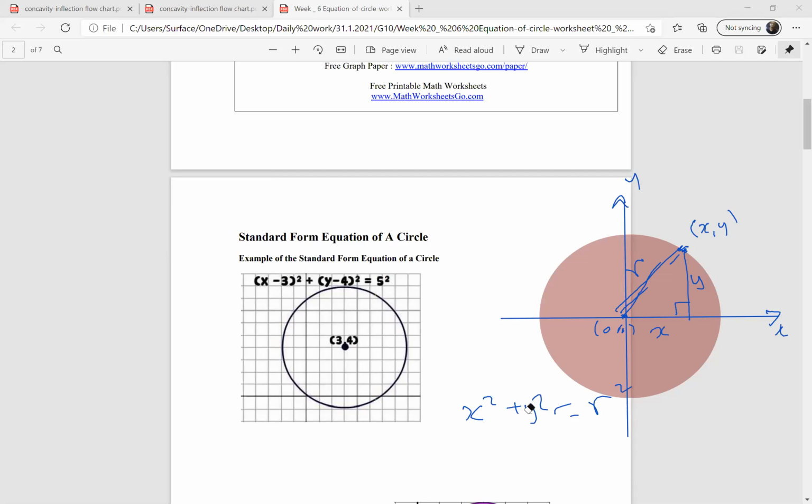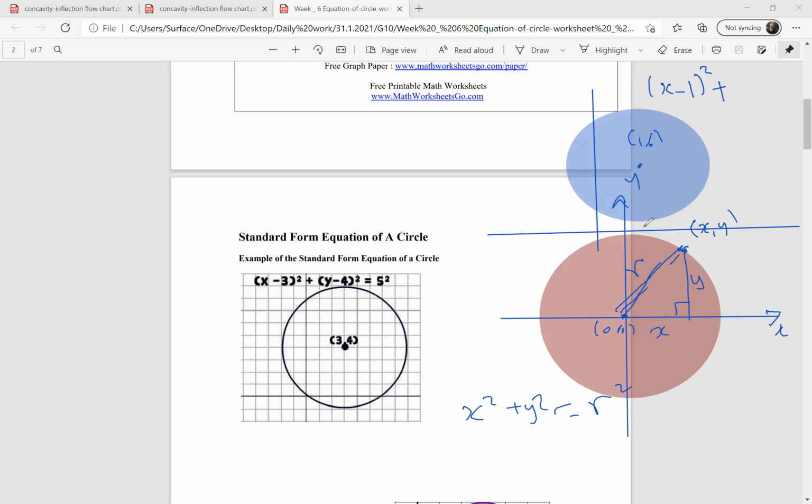But when you move the circle left, right, up, and down, like this one, another circle, and you put the center at the coordinates, for example, 1 and 6, the equation will change. Because if x moves to the right, it will be x minus 1 to the power of 2 plus y power 2.